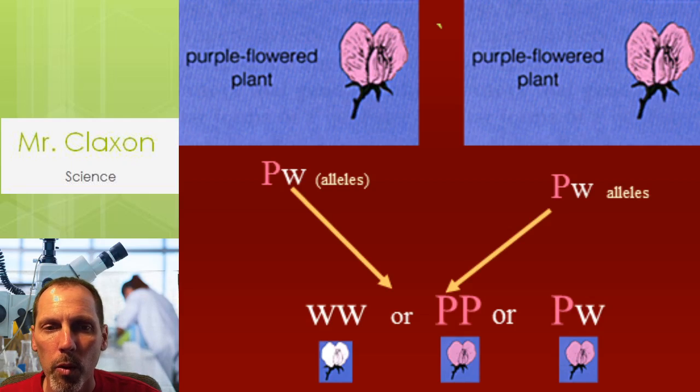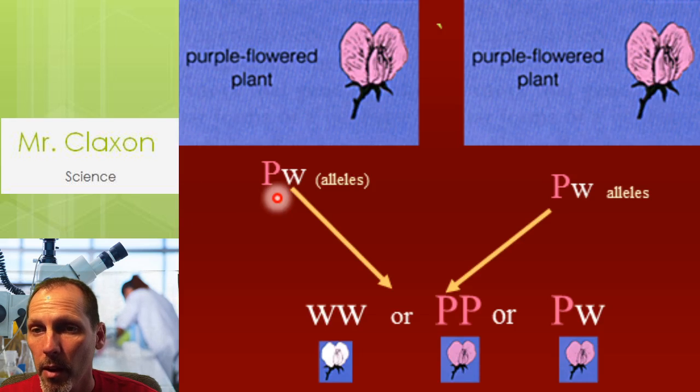We were going through what happens whenever plants reproduce, and what happens is that the offspring end up inheriting one of these alleles, which together we call a gene, the gene for color.